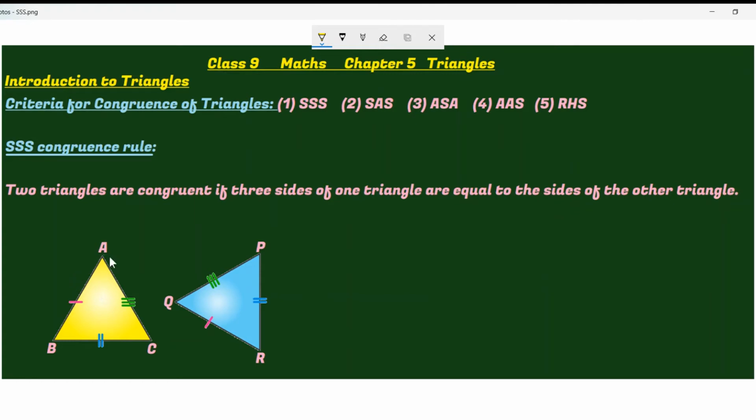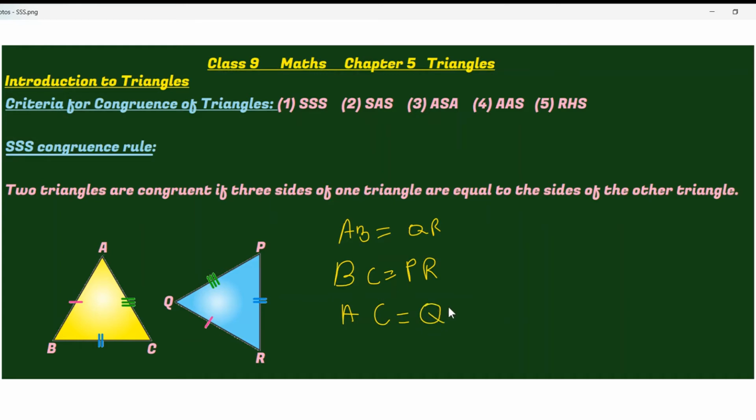Here you can see there are two triangles ABC and PQR. In ABC, AB is equivalent to QR and BC is equivalent to PR and AC is equivalent to QP. Here, three sides of triangle ABC are equal to the sides of PQR.